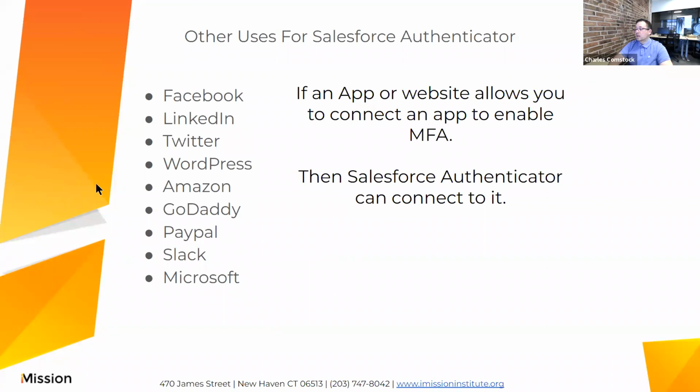This is the cool part right here. This morning, I'm going through a whole bunch of apps with Salesforce Authenticator. I Googled what apps connect with Salesforce Authenticator, and all these great, big, wonderful apps connect, which is great. Facebook, you won't get a text anymore.